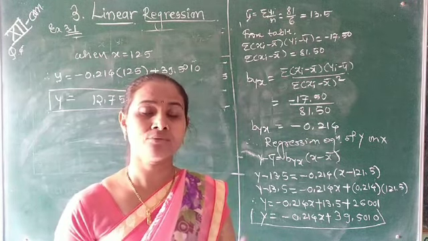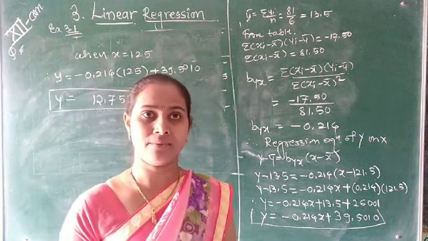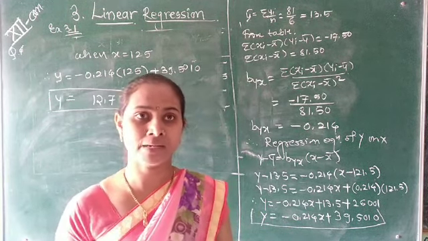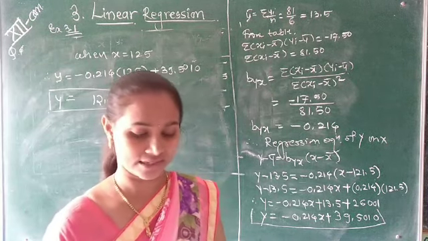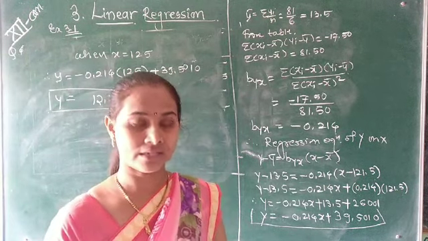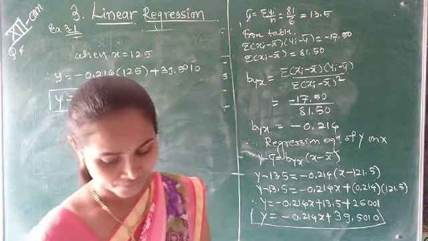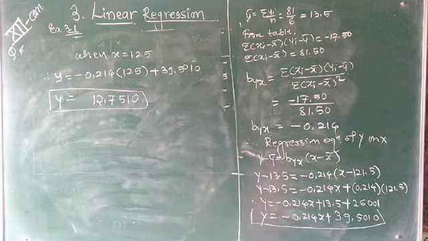Remember that we always have to find the regression equation of the dependent variable. First we have to find which is the dependent variable, then find the regression of y on x or x on y. Here y is dependent, so we are going to find the regression equation of y on x. So let us start to solve our next question, that is question number 6.